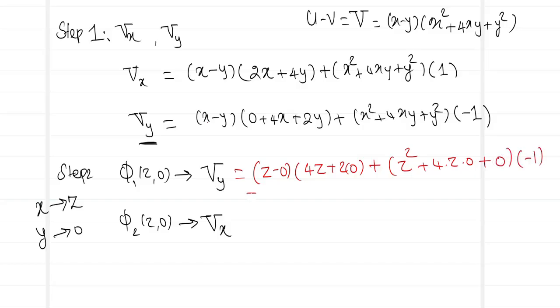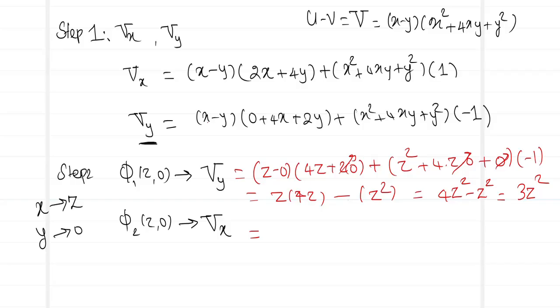So let me simplify it. It is z into 4z. This will become 0 plus this will become minus over here, and you have z square, and this will become 0, this will become 0. So I have 4z square minus z square. That makes it 3z square. So I have got my phi 1.